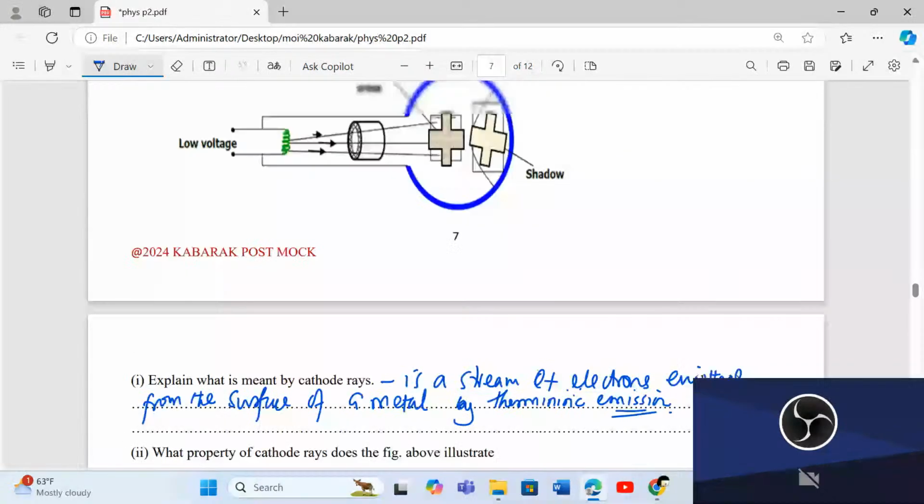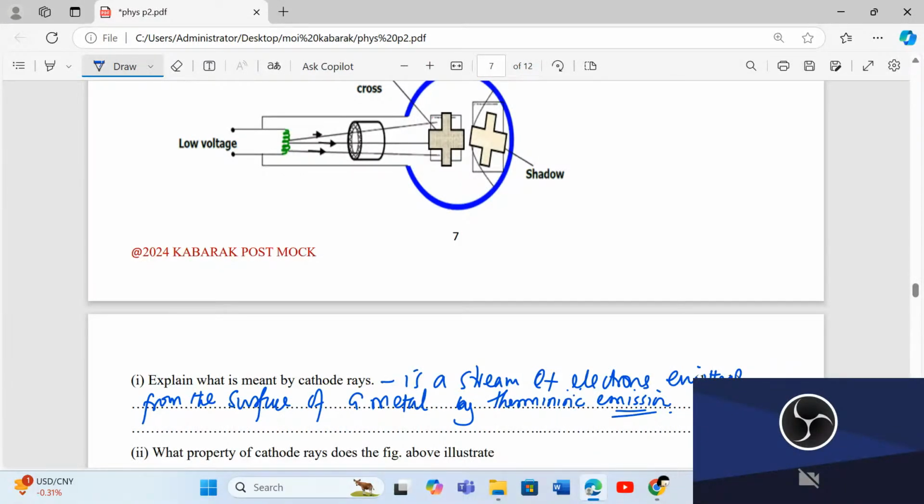Getting back to this diagram and the question, Roman 2, where we are being asked what property of cathode rays does the figure above illustrate? This stream of electrons or beam of electrons has been blocked so that a shadow is formed.